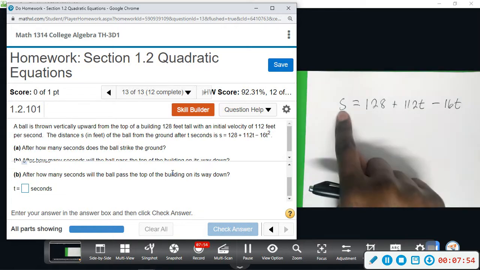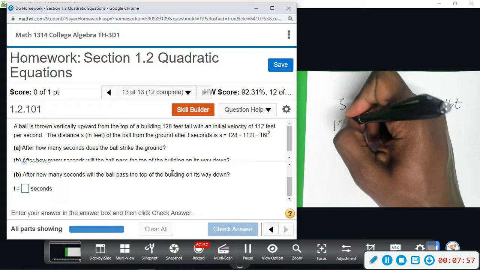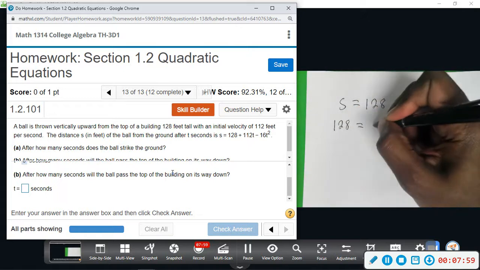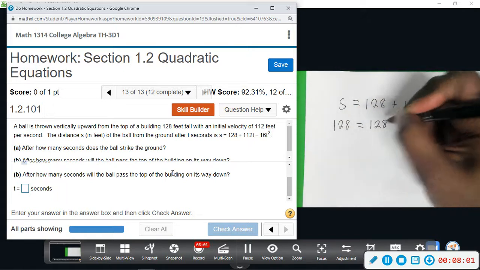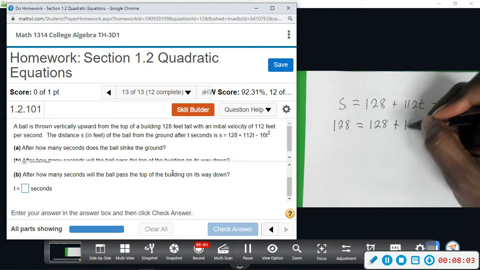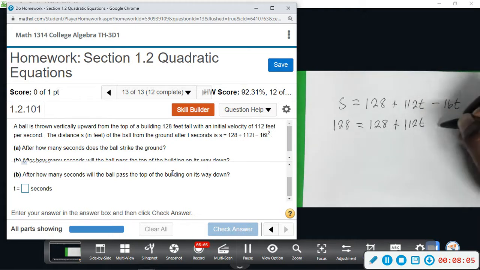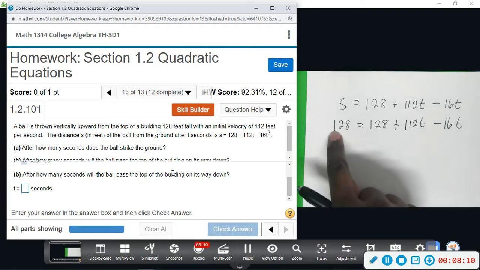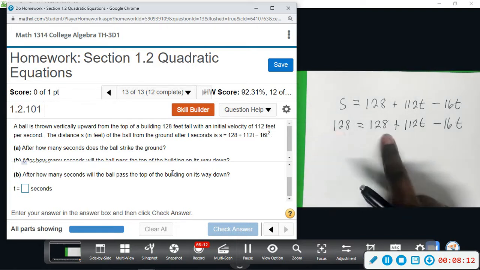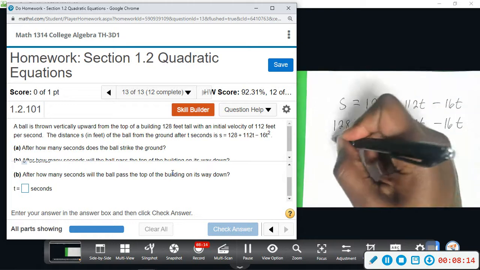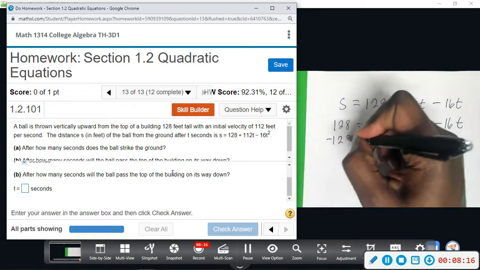And we want the height this time to be 128. So 128 equals 128 plus 112t minus 16t. Alright, so we're going to start by moving the 128 over, because we want this side to be equal to 0. Minus 128.